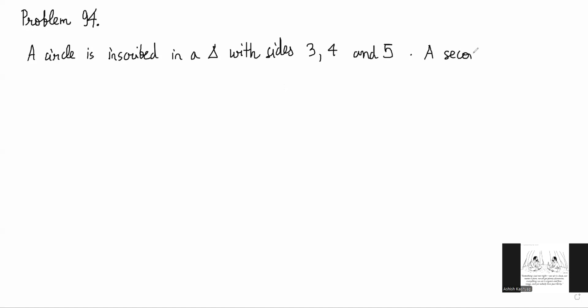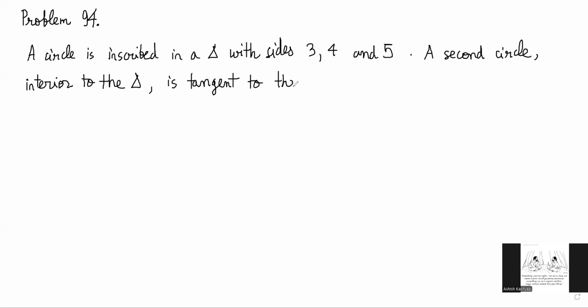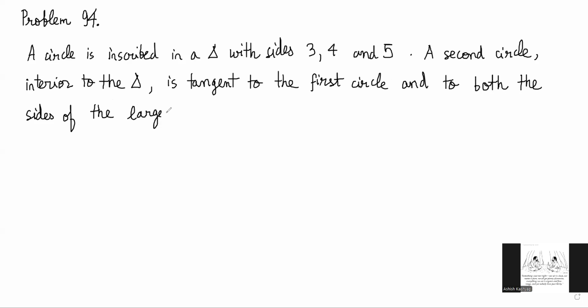A second circle interior to the triangle is tangent to the first circle and to both the sides of the larger acute angle of the triangle.